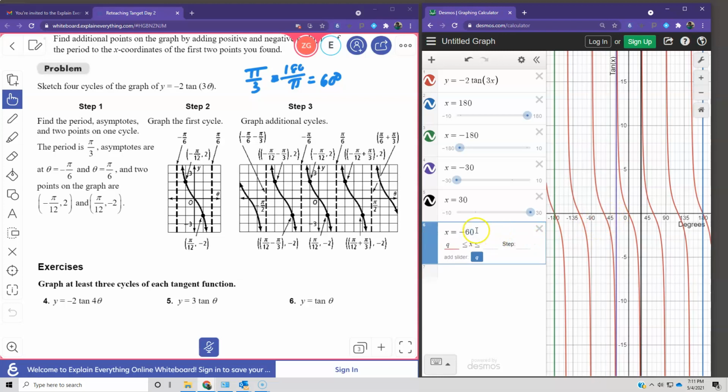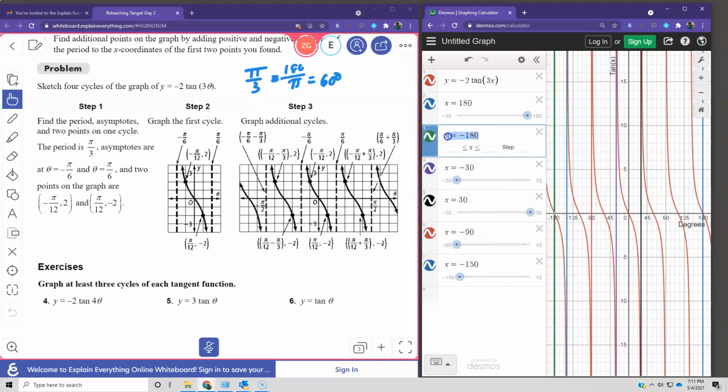I would say 120. 90. Then x equals negative 150. Okay. And I'll stop right there.